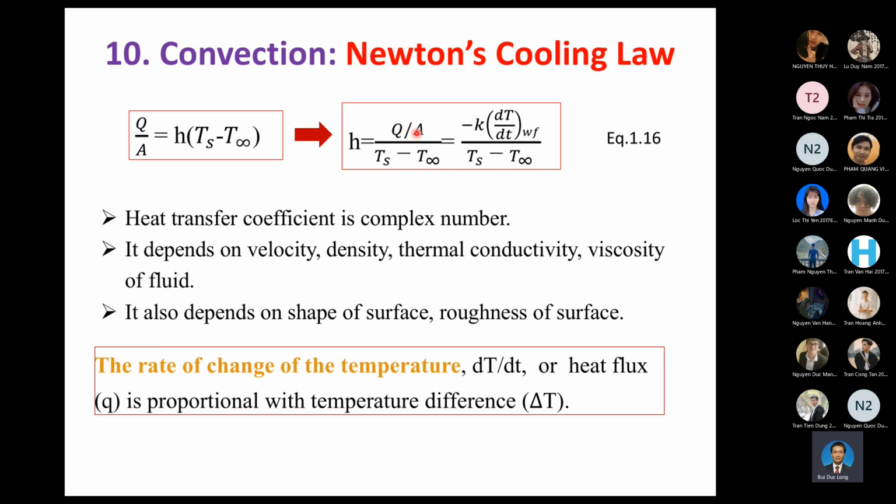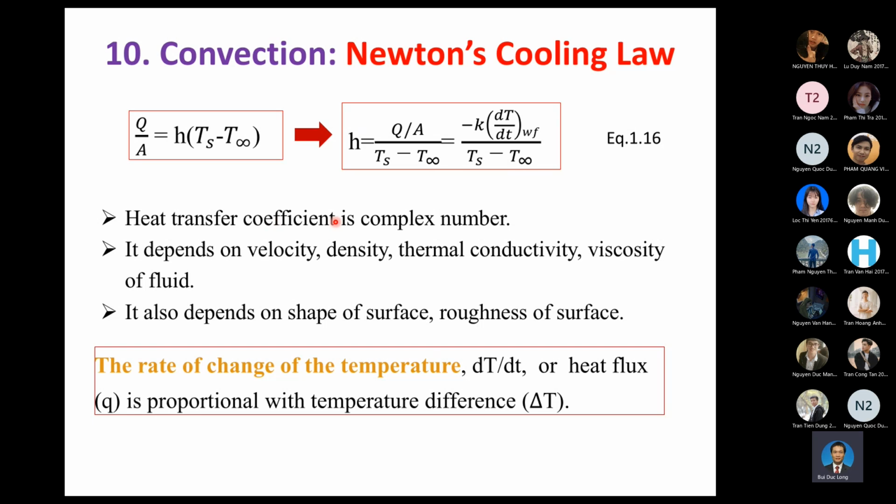Here Q divided by A equals minus k dT/dx, as in Fourier's law for heat conduction. So we just replace big Q divided by A with that, divided by Ts minus T infinity, and we can find the heat transfer coefficient.